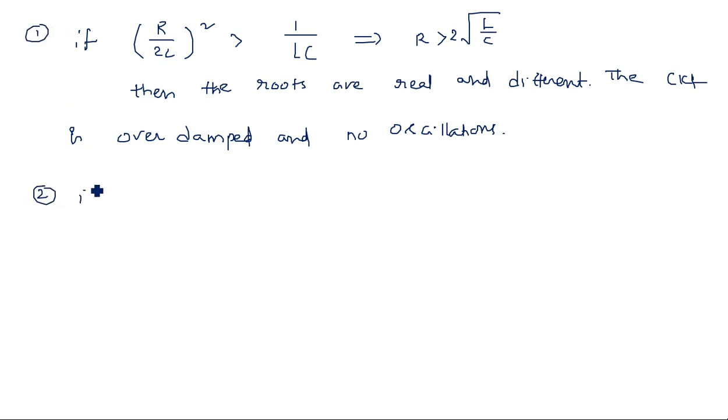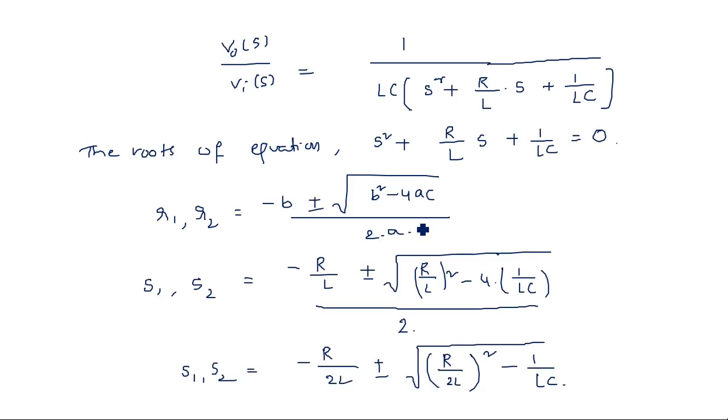The second condition is if (R by 2L) whole square is equal to 1 by LC. That leads to R equal to 2 times square root of L by C. When these two values are equal, the second factor becomes 0 and you are only left with minus R by 2L. Roots are the same and it is minus R by 2L.